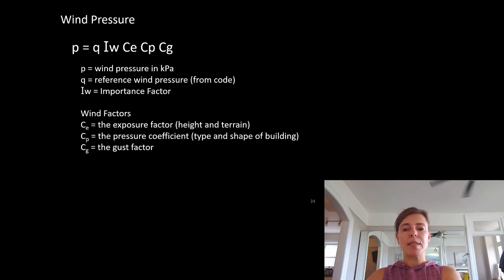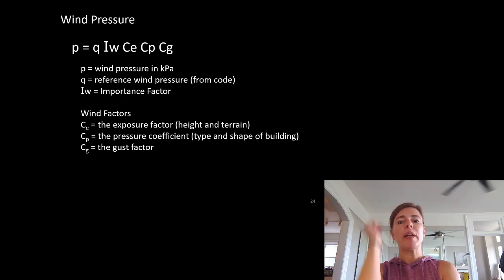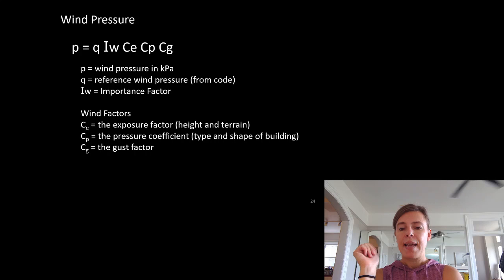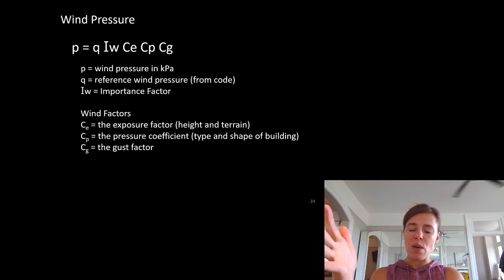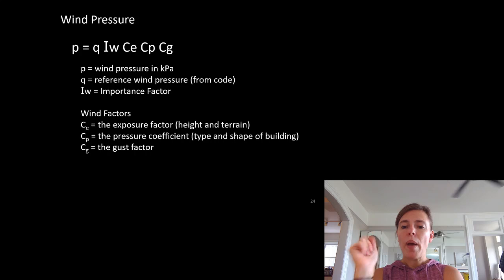So if you've ever stood outside and you see a tree moving off in the distance and you're just feeling a light breeze, and then a few seconds later you feel a big gust, but the tree isn't, that's because as much as there's a steady wind, there's gusts as well. And the way we apply the gust factor is depending on how big the element we're talking about is, the gust factor changes.